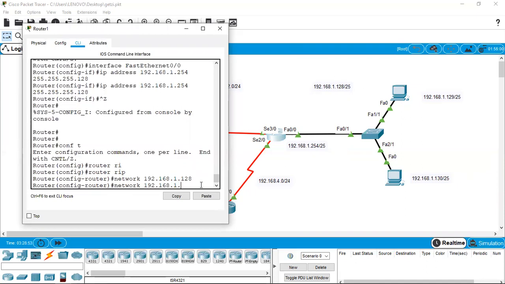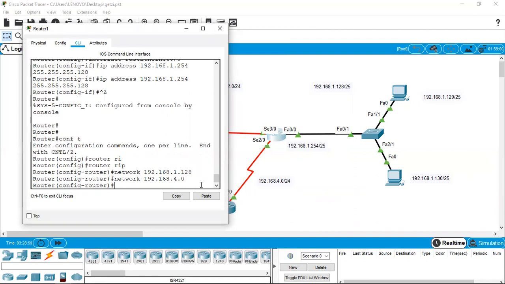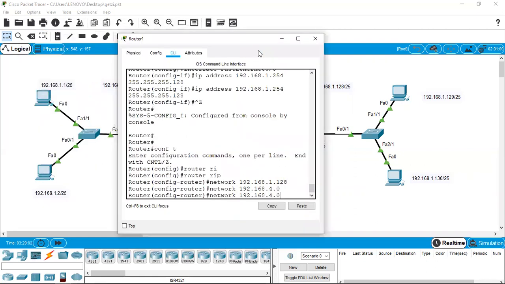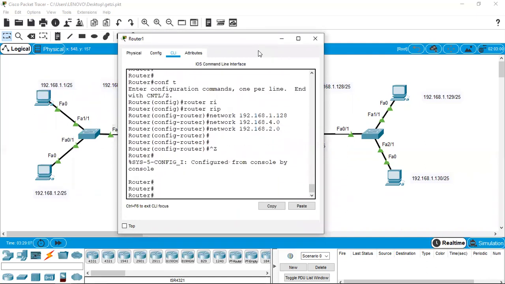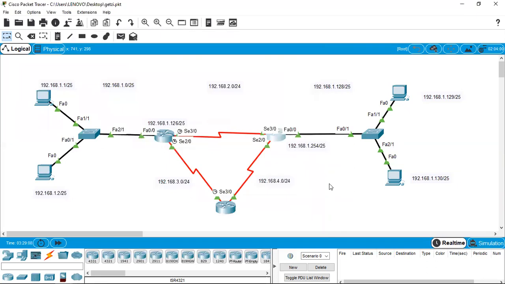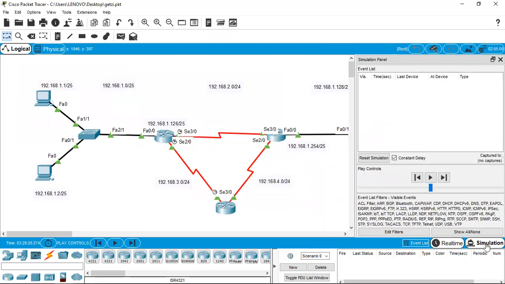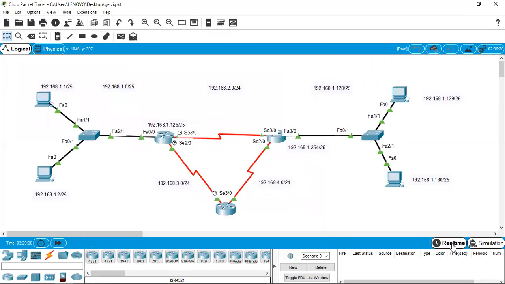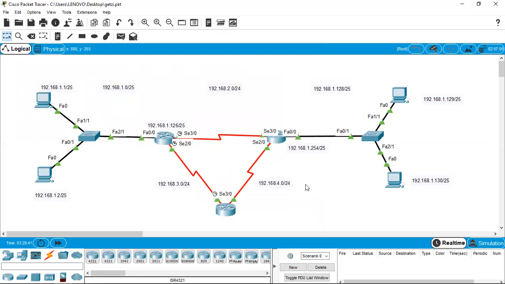Then network 192.168.4.0, and also 2.0. All right. Now I can permit this to converge. I go for switching like this, and I go to real time. We can check whether the network has converged.